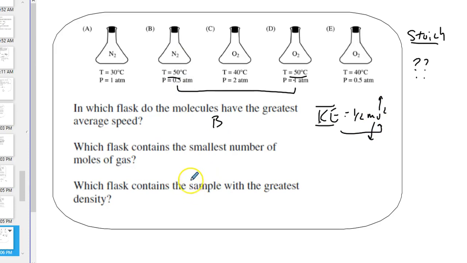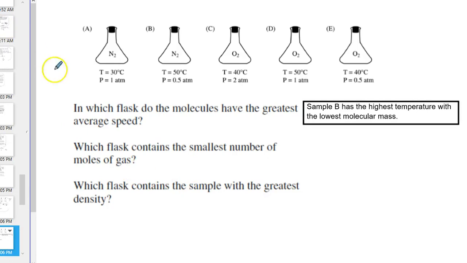Which flask contains the smallest number of moles? I think I'm going to give an answer on this one here. There we go. Which flask contains the smallest number of moles? Alright, so they're all the same volume, so PV equals nRT. And I'm looking for moles. So PV over RT equals moles.